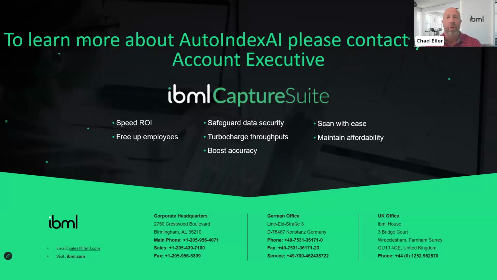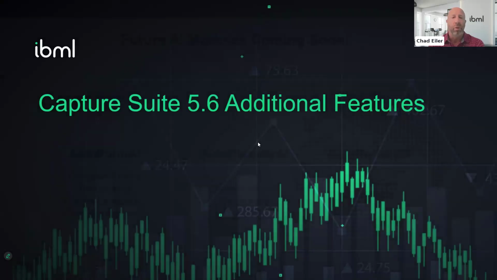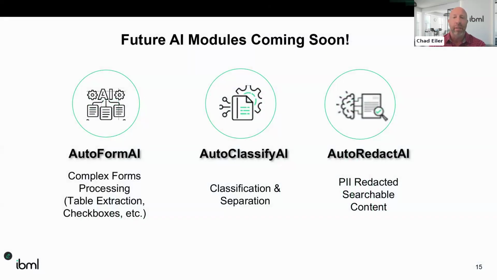The other products that Andrew introduced as coming soon would likely be where you might solve some of those more unique classification or advanced forms or the PII redaction. So based on the question, I think one of these other technologies would likely be the better path for more advanced functions outside of just auto indexing.